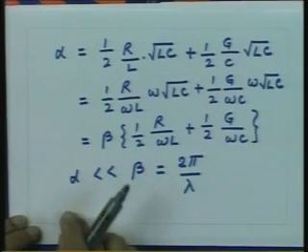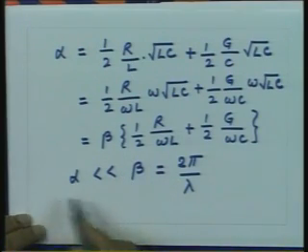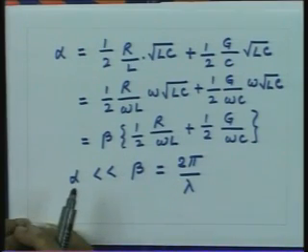What does this physically mean? We know that if we travel a distance of lambda on a transmission line, the phase change is equal to 2 pi. Let us say I travel the distance on a lossy transmission line, then the amplitude of the wave will reduce by e to the power minus alpha into the distance travelled, which is one wavelength.